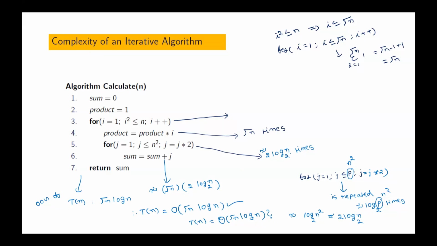Approximately means maybe here one time or two times more, that much only it happens. So there is no change in the order of growth. Its order of growth is still root n log n only. Once we know that its order of growth is root n log n, immediately in a second we need to say whether it is right or wrong. It is correct only.